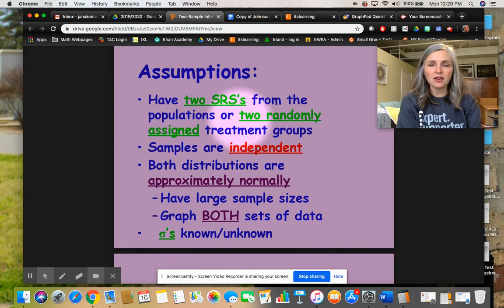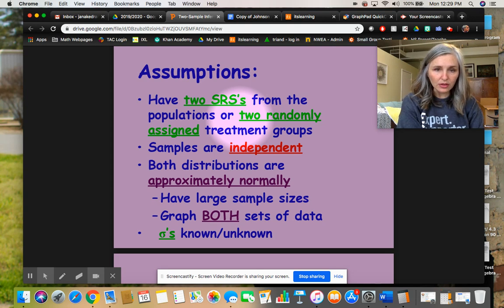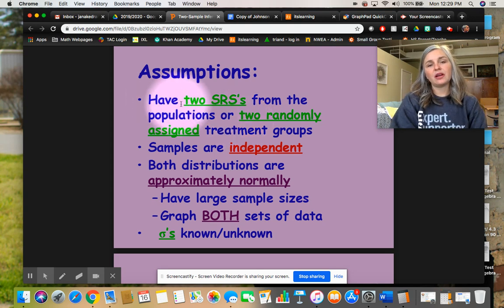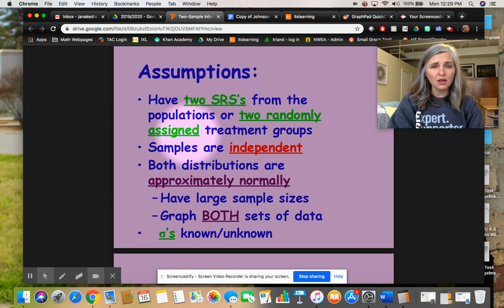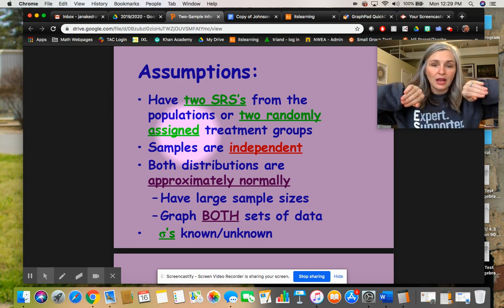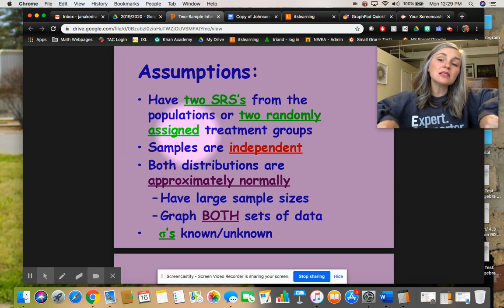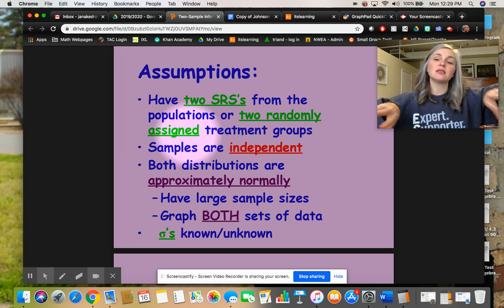Okay, so here are our assumptions. Our assumptions are that we're gonna have 2 simple random samples, for the populations. Either we're going to have 2 simple random samples or our treatments are randomly assigned, okay?